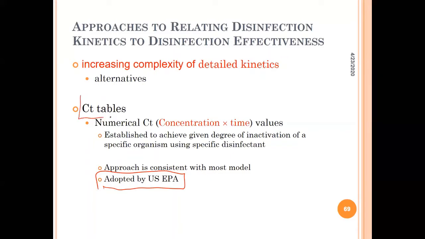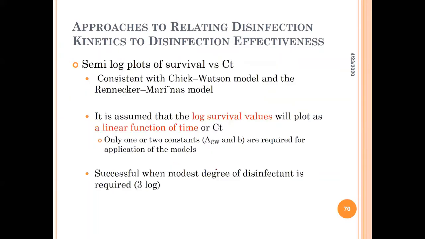They call it the CT table, concentration time table. To achieve certain disinfection, they say that you have to have a certain concentration and time, CT value. Concentration of disinfectant and time of exposure. This is very consistent with most of the models which I discussed earlier. So it's an easier way and also consistent with the models.